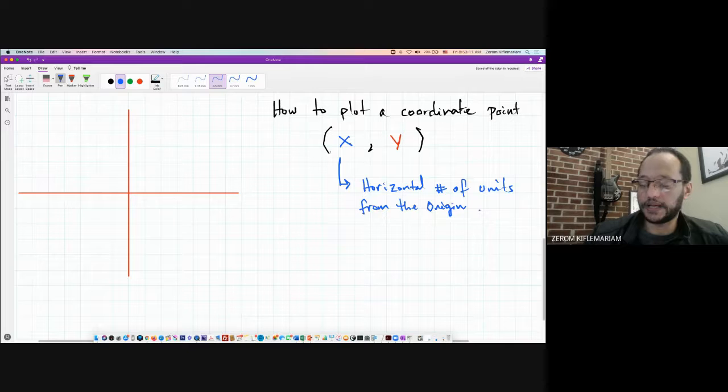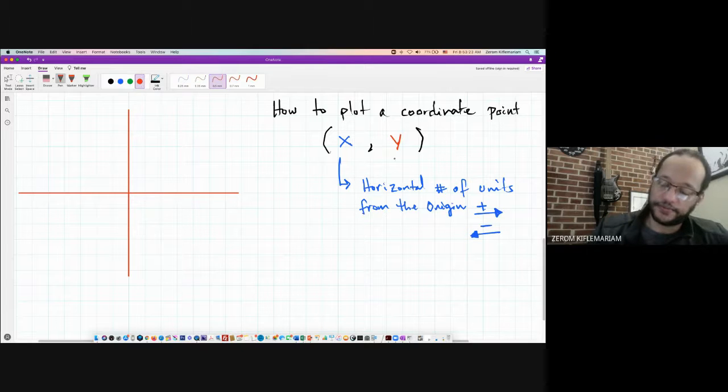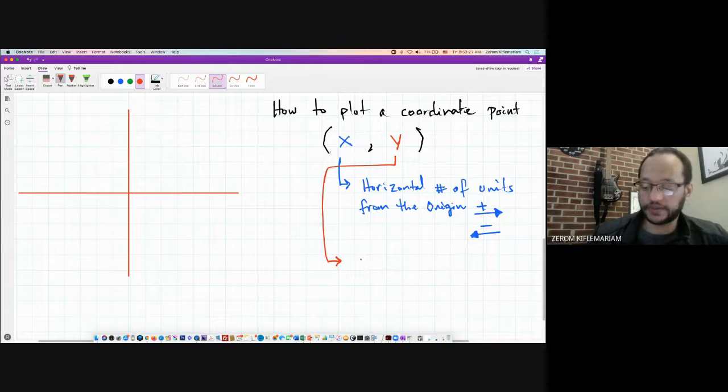If it is positive, we go to the right. If it is negative, we go to the left. And I'll explain that a little bit if it is not clear. For the y, it is going to be a vertical move.